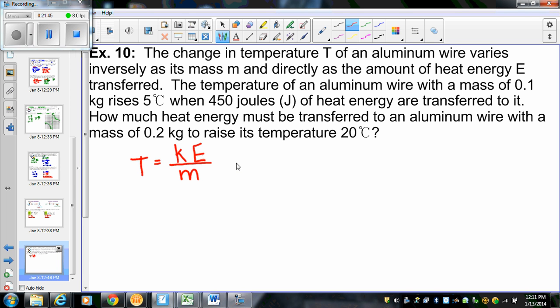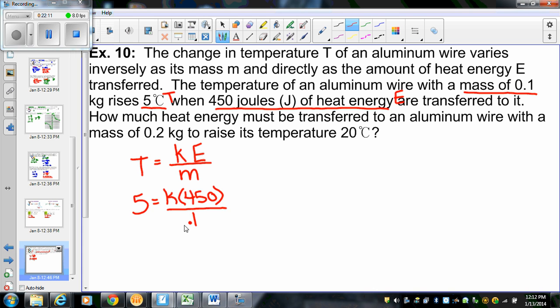Then it says the temperature of an aluminum wire with a mass of 0.1 rises 5 degrees Celsius, so that's the T, when 450 joules of heat energy are transferred, so that's the E. So when T is 5, E is 450 joules, and M is 0.1 kilograms.